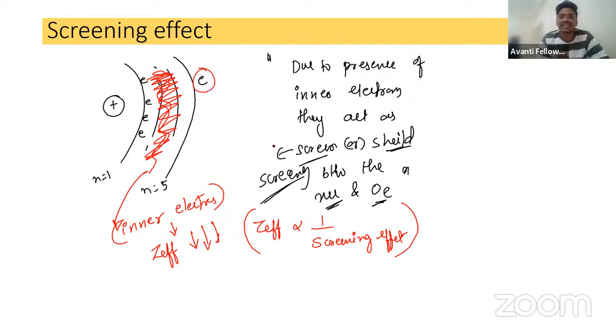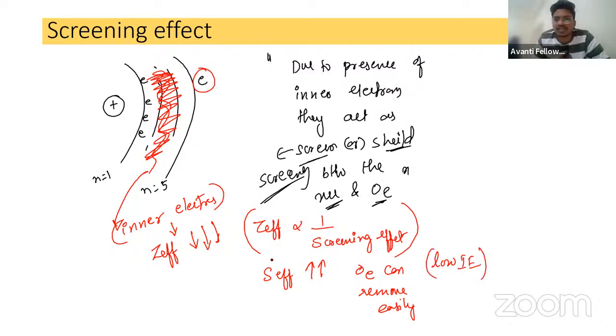Yes, if the screening effect increases, the outer electron can be removed easily. That's why you have low ionization enthalpy. Sir, what are you talking about, low ionization enthalpy? We'll talk about that later. Just focus here. If the screening effect increases, the outer electron can be removed easily.